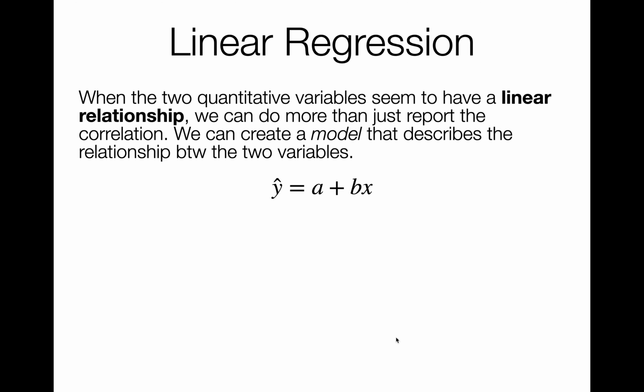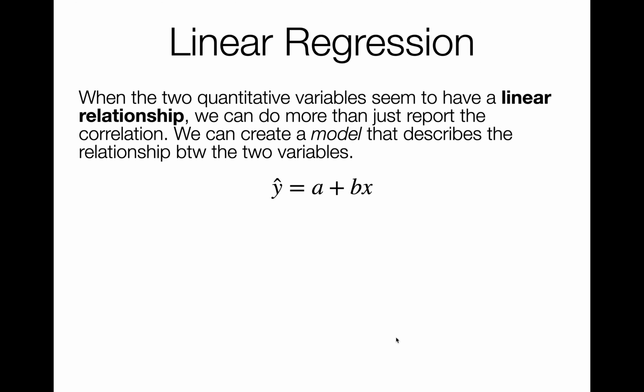I can say it's linear, there's a strong association, the correlation is 0.7, but if I can go further and say that for every inch of height that you gain, you will gain about 5 pounds, that says something more than just that there is a relationship there. It describes that relationship almost exactly.